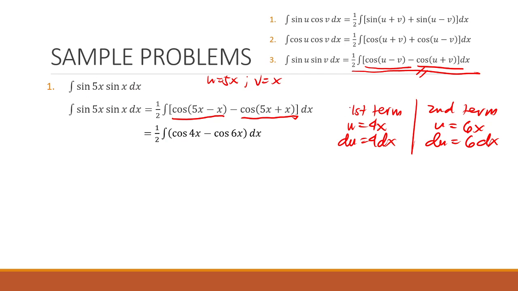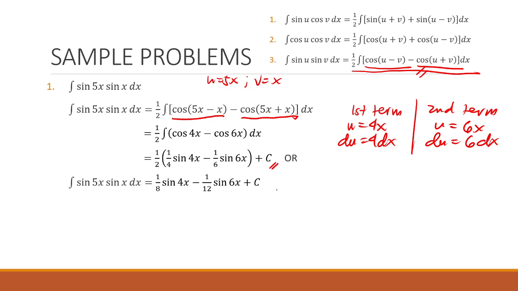Okay? So after applying u sub, and of course, integral ng cosine is positive sign, this will give us this expression. Or we can write the expression in this form. So pwede na ito. Or we can distribute 1/2. Okay?